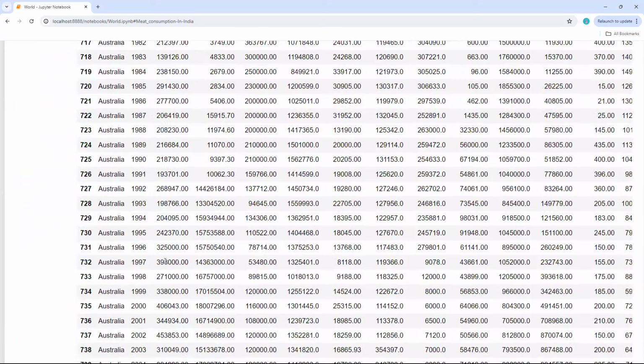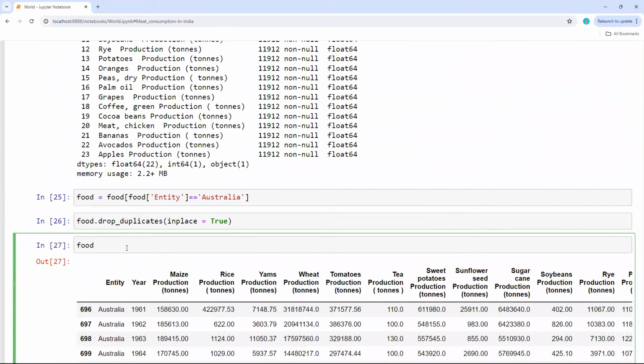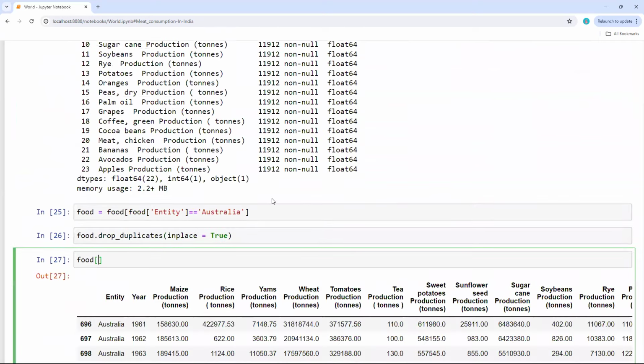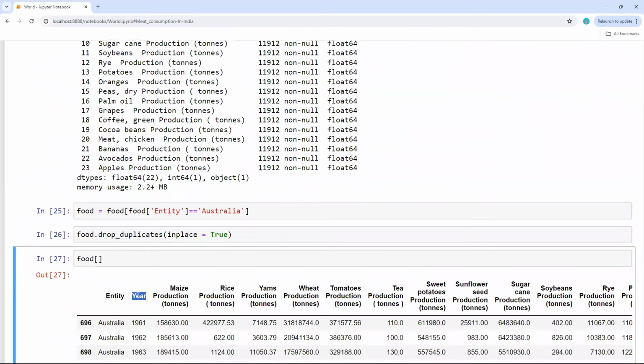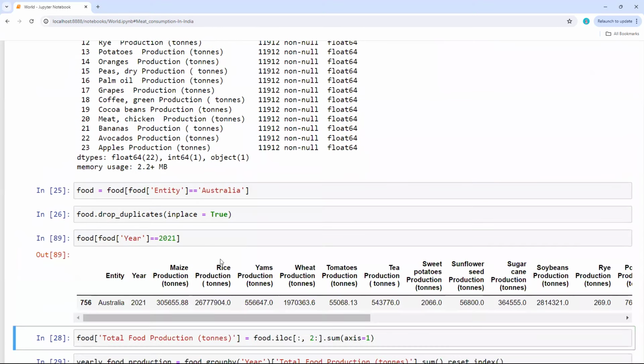So let me give year equal to 2021. Okay, so now I got the data for 2021.